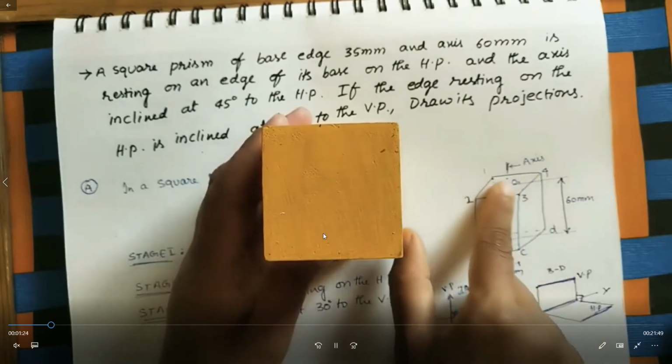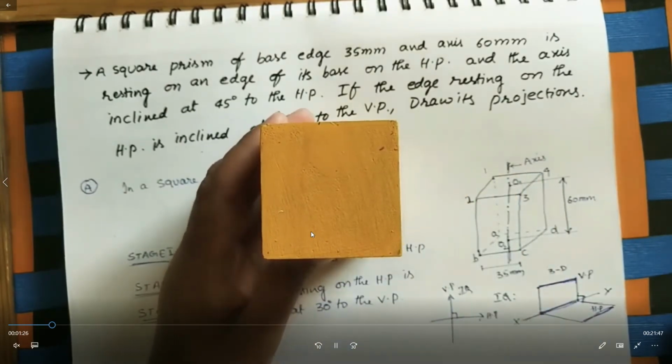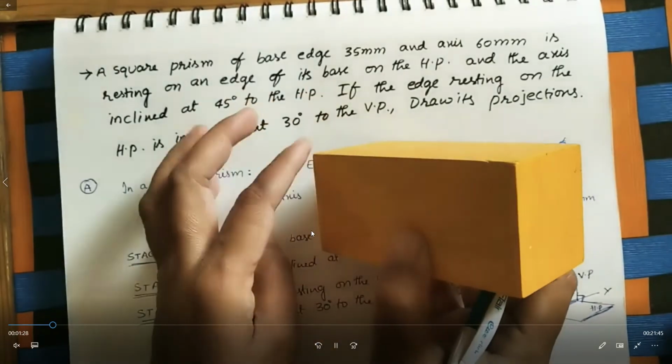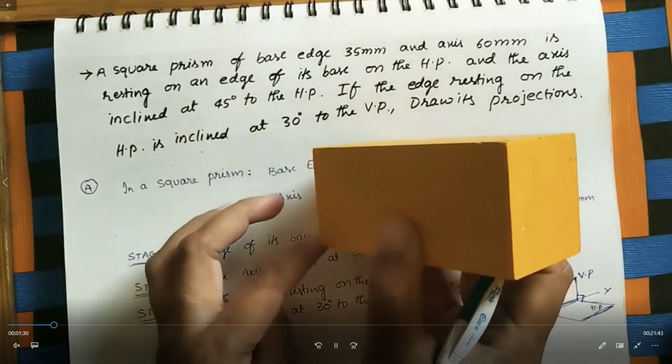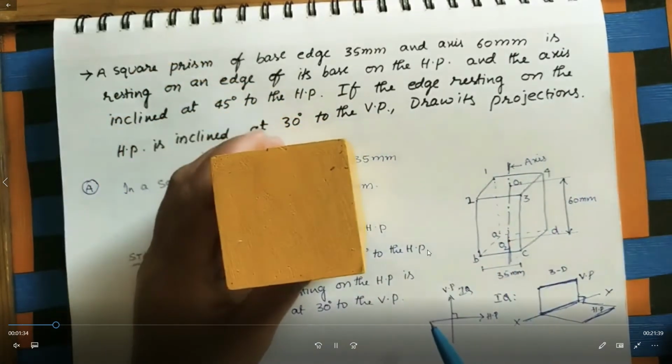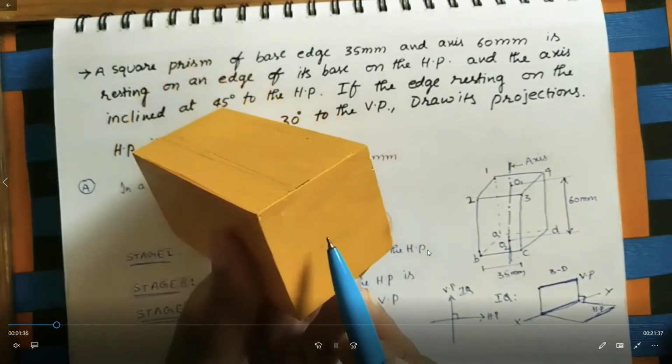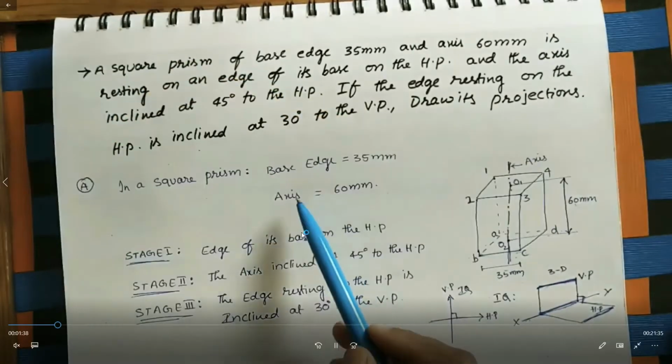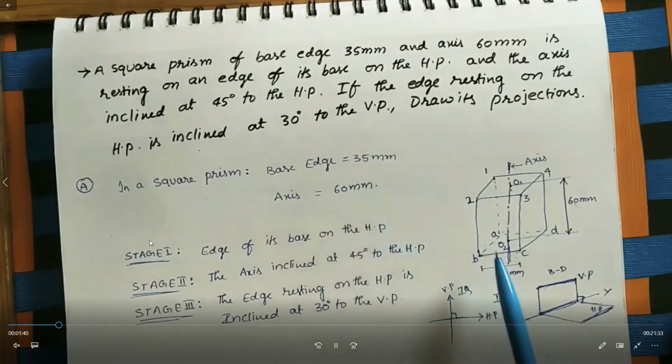This is the simple position, the first stage. In the second stage, the axis is inclined at 45 degrees to the HP. And the third stage is, the edge resting on the HP is inclined at 30 degrees to the VP. Draw its projections. Okay, this is the given data.